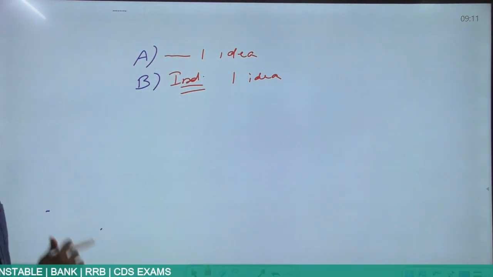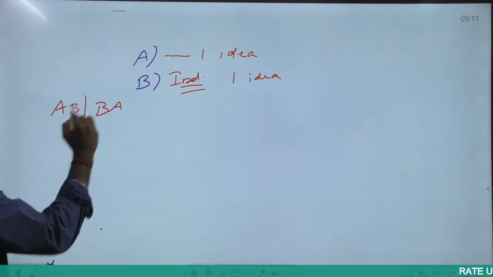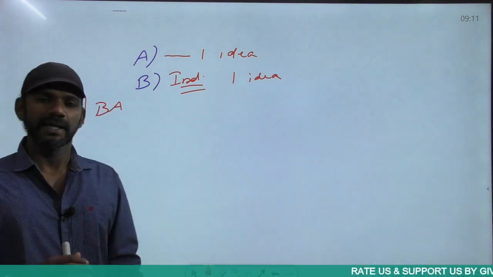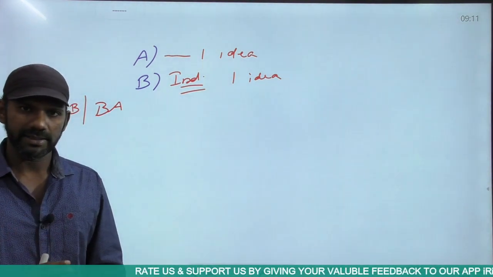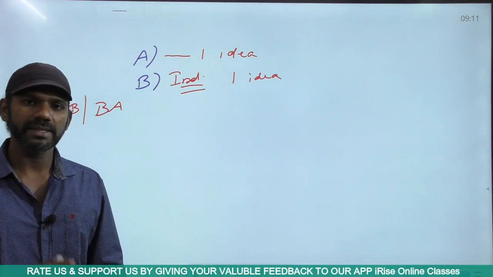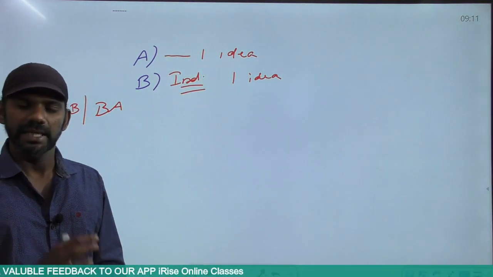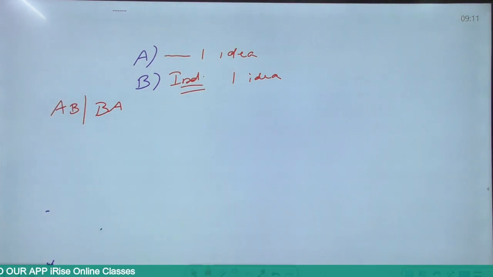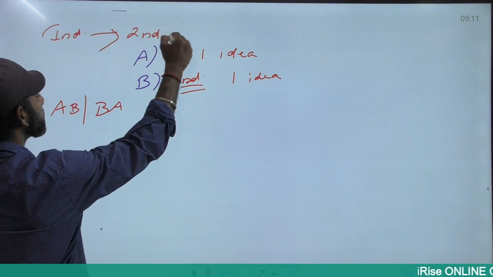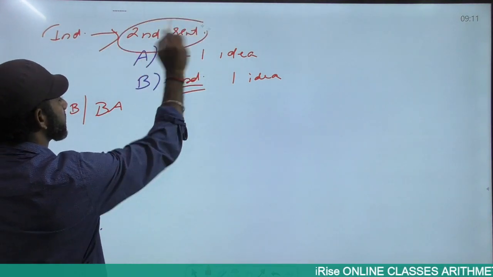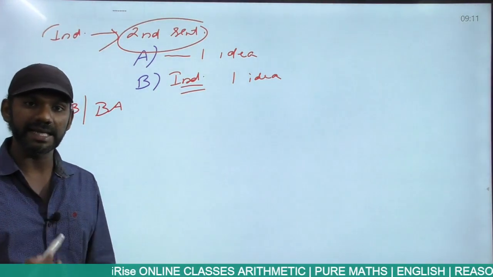Now my question is, here the mandatory pair must be AB or BA. Now, as I told you, every indicator connects two ideas. In the case of parajumbles, an indicator connects two sentences. A is one sentence, B is the other sentence. When an indicator connects two sentences, the indicator must come in the second sentence.